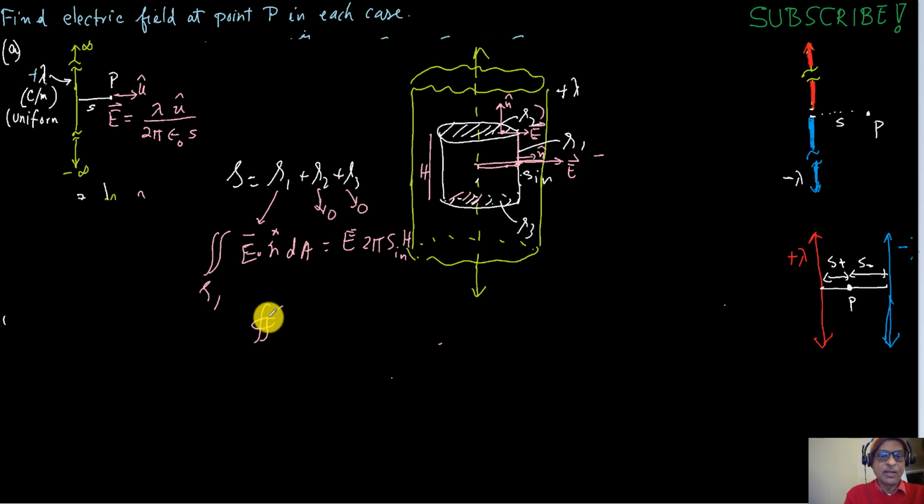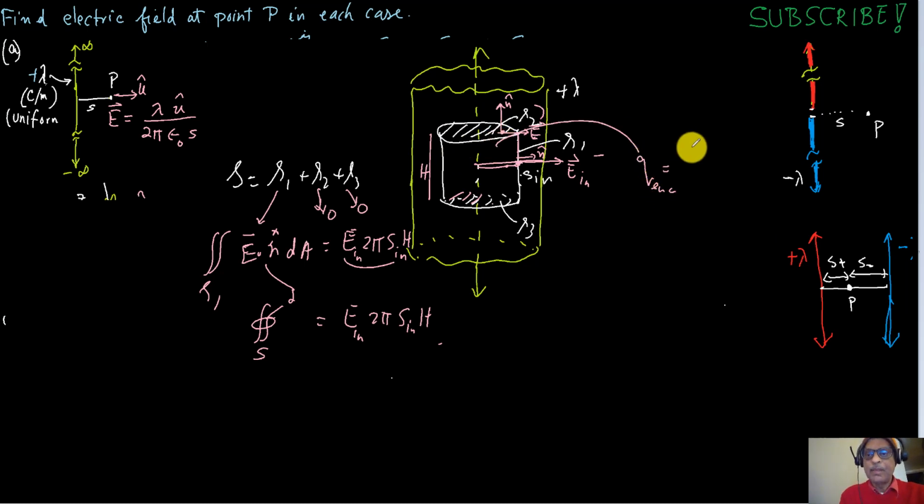So the integral gives me just E in times 2 pi s in h. How much charge is enclosed? Well, this is the volume, so Q enclosed will be rho times the volume, which is rho times pi s in squared h.